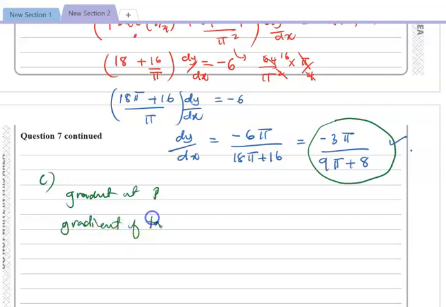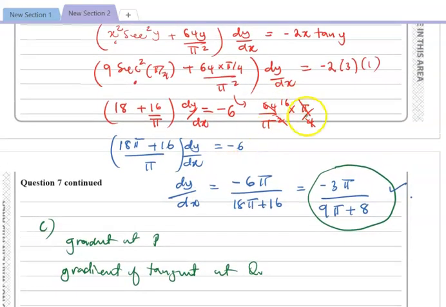of the tangent at Q. Now at Q, the only thing that changes here is the substitution. At P the substitution here is 3, but at Q the substitution is going to be minus 3. That means the gradient of the tangent is going to be this, but now positive.